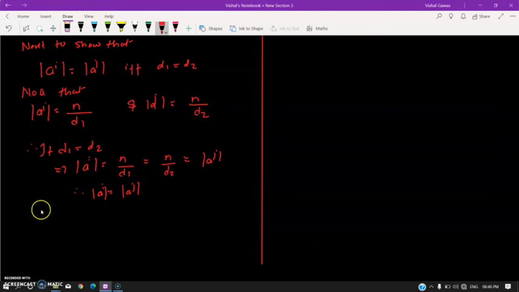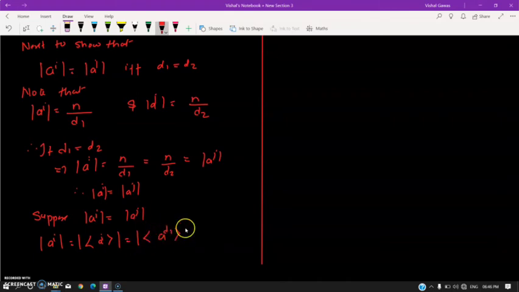On the other hand, suppose the order of a raised to i is equal to the order of a raised to j. What I'll have to show is that d1 is equal to d2, right? This is pretty easy, because the order of a raised to i is the same as the order of the subgroup generated by a raised to i, which is the same as the order of the subgroup generated by a raised to d1, and this has order n by d1, right?